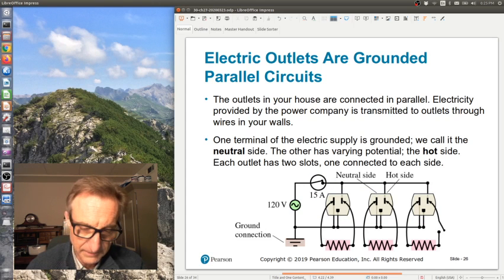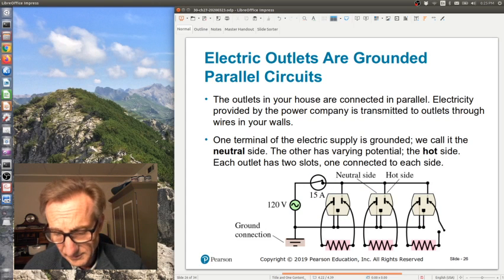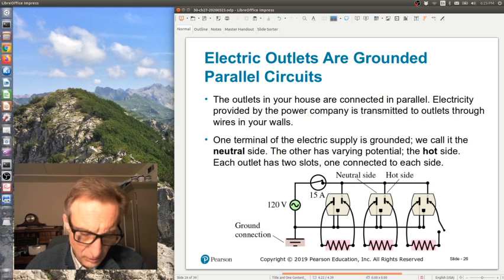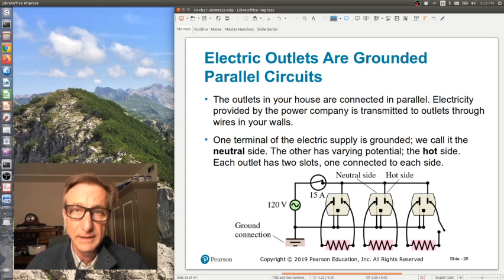the power supply. And that's done for safety concerns, because if the current does rise too high, the I²R losses can become significant, and the heat produced can become significant, causing a possible fire. So all outlets are connected to a circuit breaker, all of which are located in a circuit breaker panel.